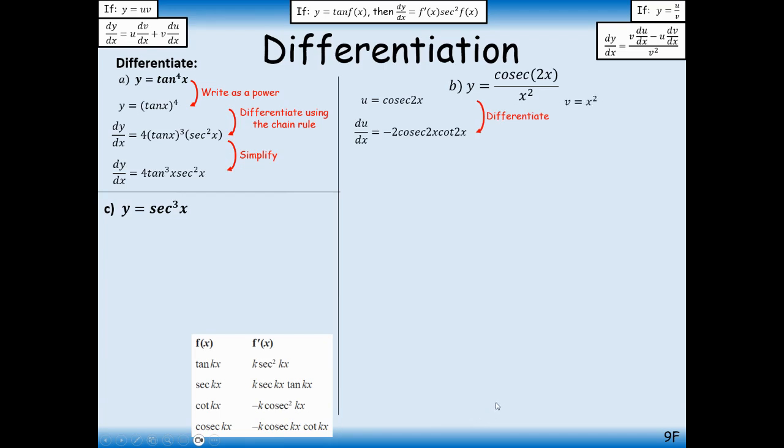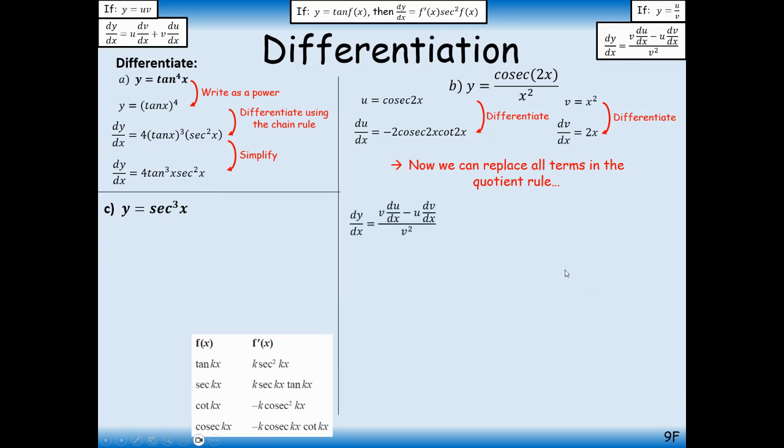Then what we're going to do is make sure we put the right expressions in the right place, because we know that v times u dash has to come first on top of the fraction, and then we have to use u times v dash.